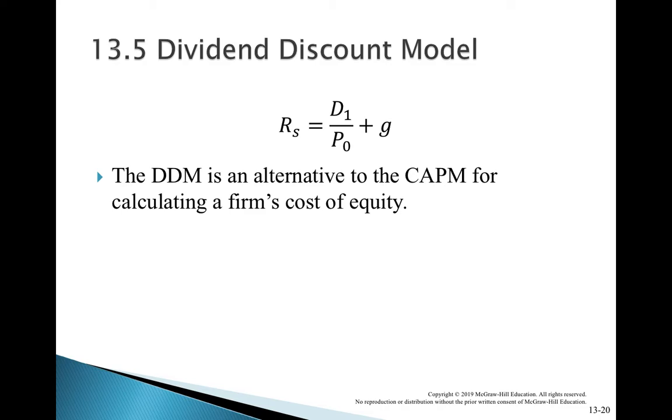CAPM calculates the cost of equity using the formula: risk-free rate of return plus beta multiplied by risk premium. The dividend discount model DDM uses the formula: cost of equity is equal to D1 divided by P0 plus growth.